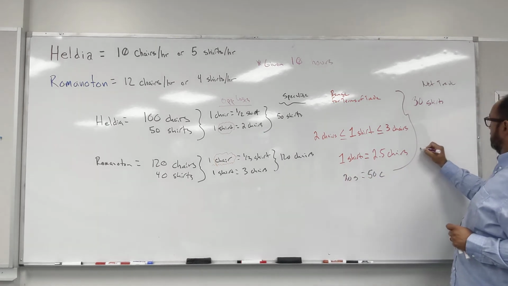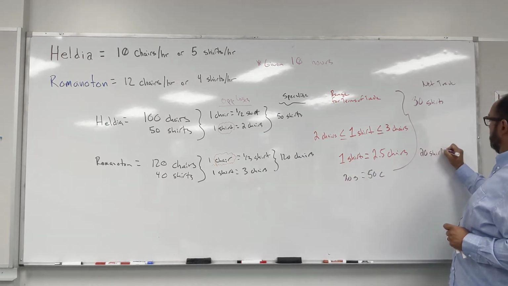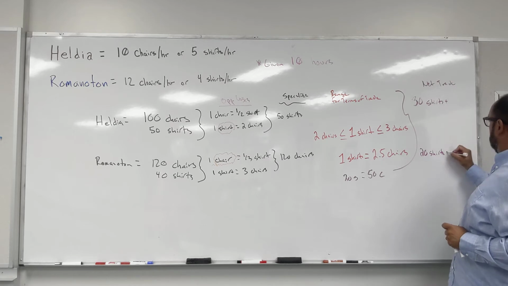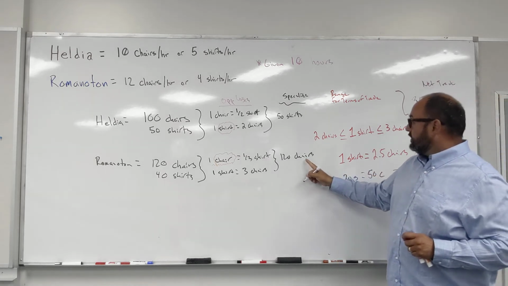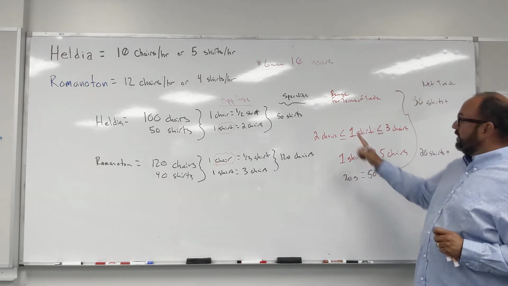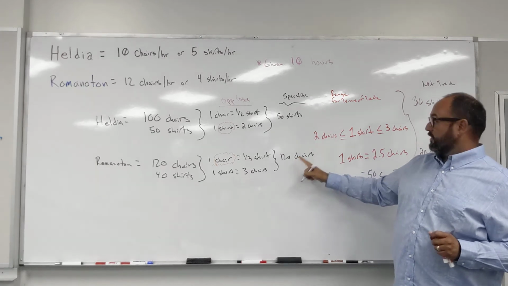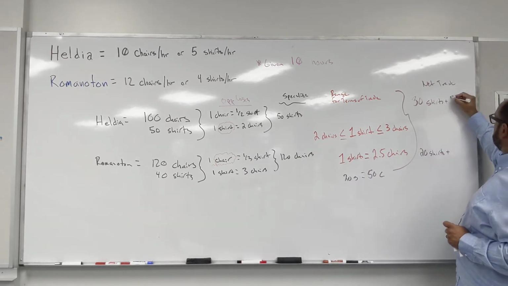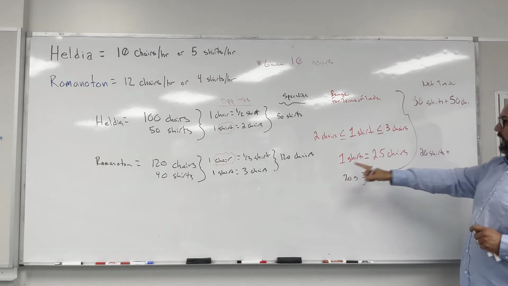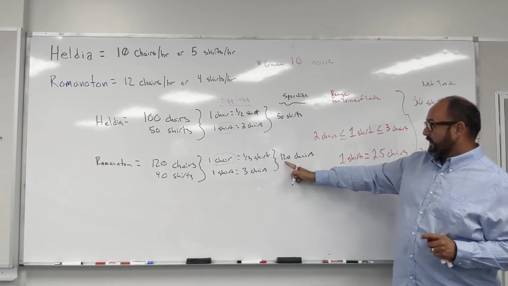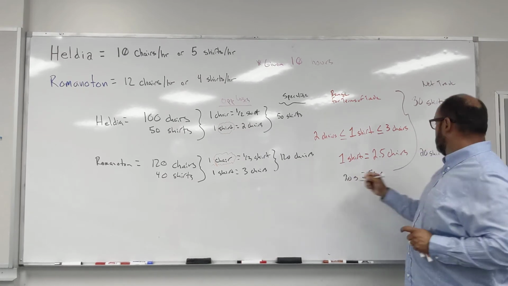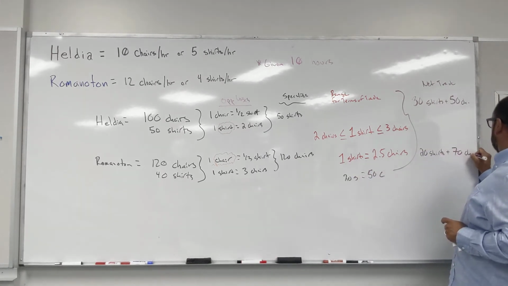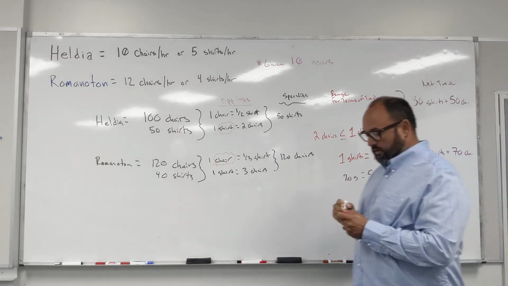Romanotin will be buying those 20 shirts, so they're going to get 20 shirts. Romanotin is then going to give Heldia 50 of their chairs. So Heldia will end up with 30 shirts and 50 chairs, and Romanotin will have to sell 50 of their chairs, leaving them with 70 chairs.